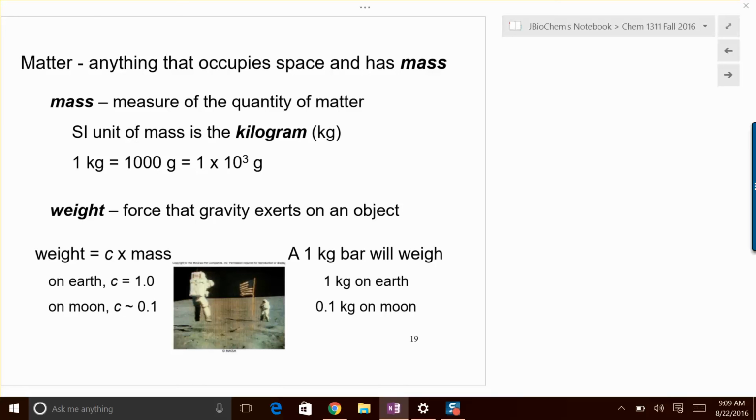Yeah, because of gravity, right? So my matter is being pulled by gravity on my scale when I step on it, and it tells me how much I weigh. But if I go to the moon, there's not as much gravity to pull on my matter, so it gives me a different amount of weight. But my mass has not changed, right? My mass has not changed.